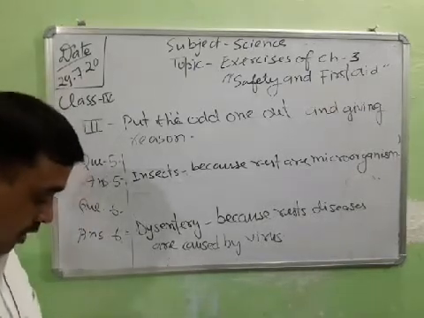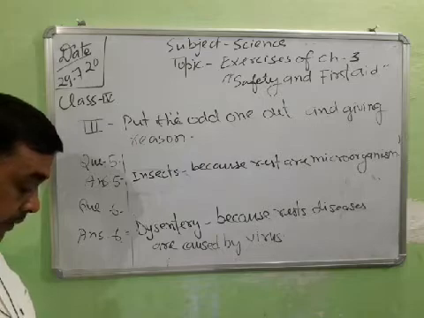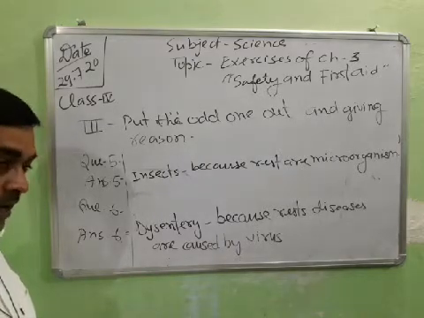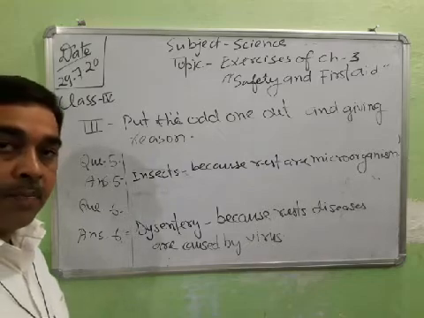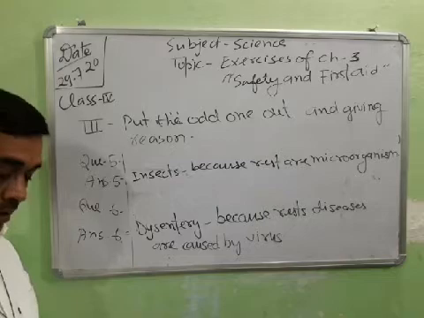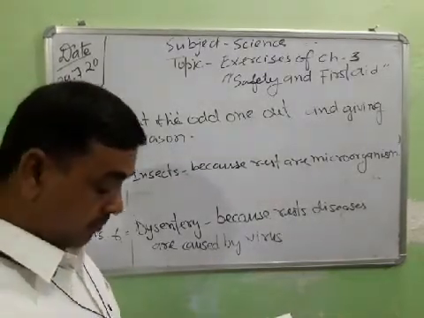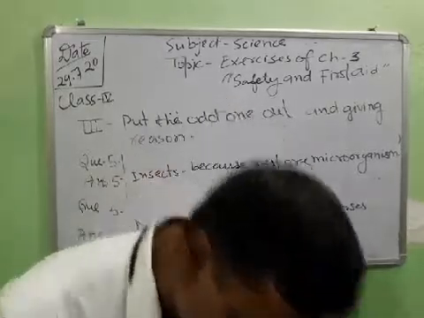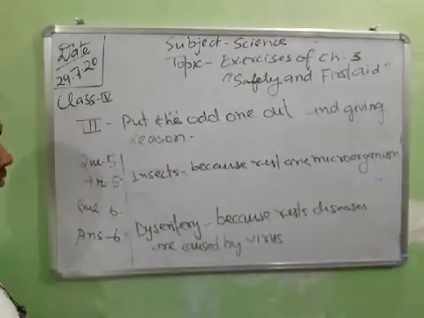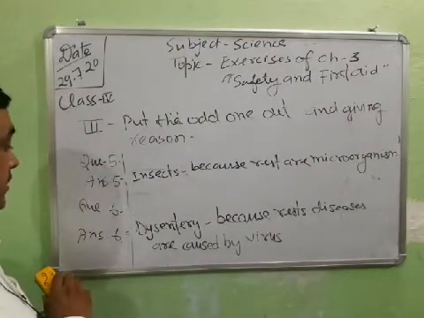Now I am going to read point number 4: give 2 examples of each of the following. Don't write in the rough copy or homework copy in the notebook. You will write directly in the textbook with the help of a pencil. Don't use a pen. Okay, student? Then I am going to erase this. Write down fast.